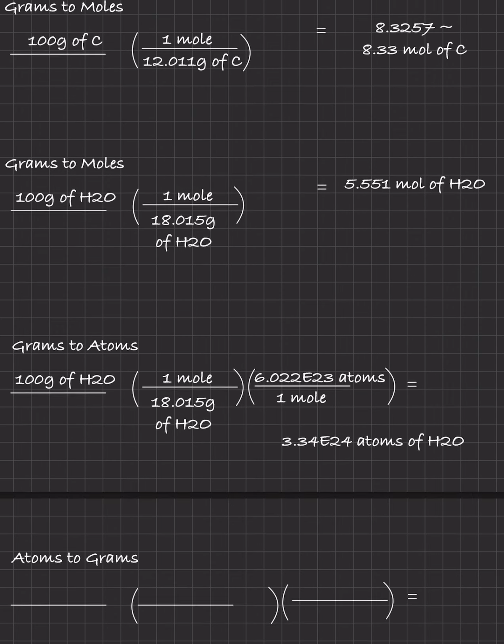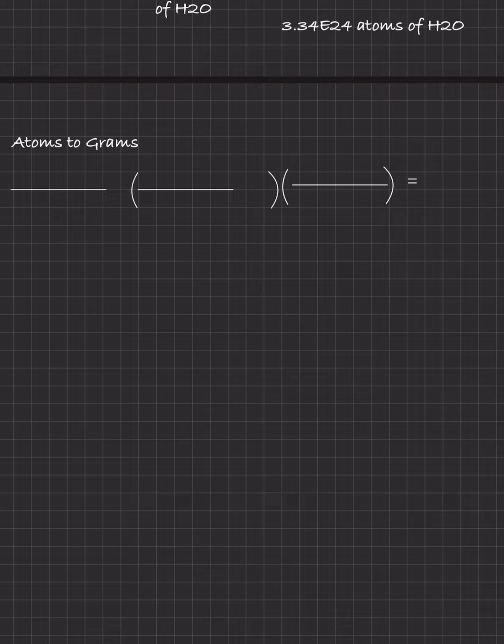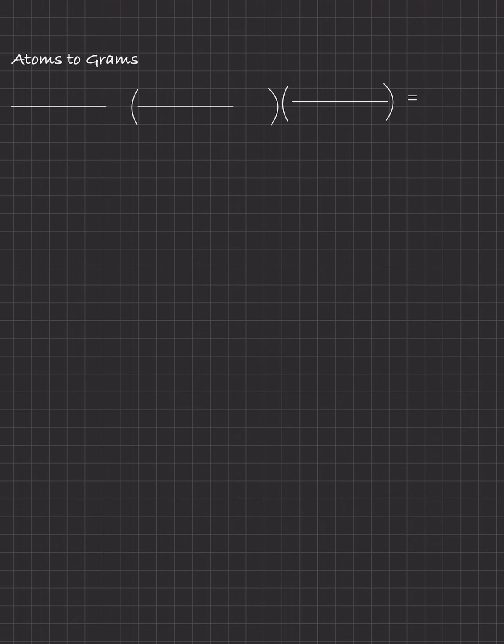Cool. So what about if you have atoms to grams, which is something that screws up a lot of students? Let's say you have 5.88 times 10 to the 25 atoms of water. Again, you're going to divide by Avogadro's number, which is 6.022 times 10 to the 23 atoms per mole. And in 1 mole, we already calculated how much a mole of water weighs.